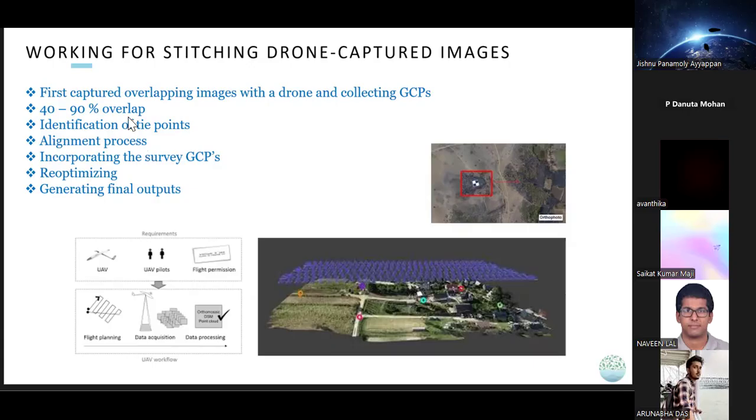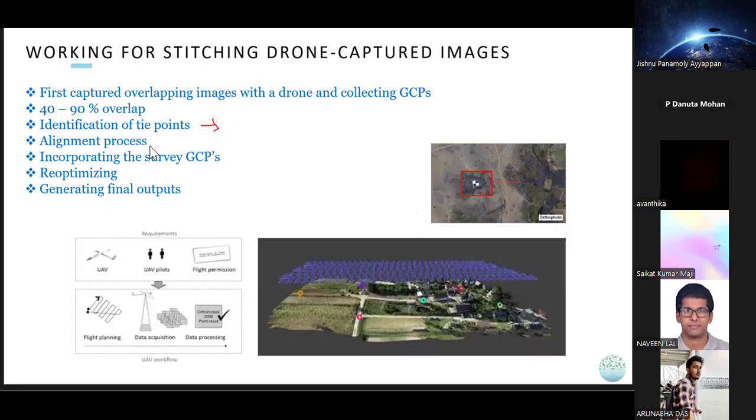I will just name the method we are using, which is known as structure from motion. What it does is identify the similar features present in each of the drone images, and then we match those features. We don't have to do this; the software is built with such capabilities when we process the images. So identification of key points is very essential for the process called structure from motion.